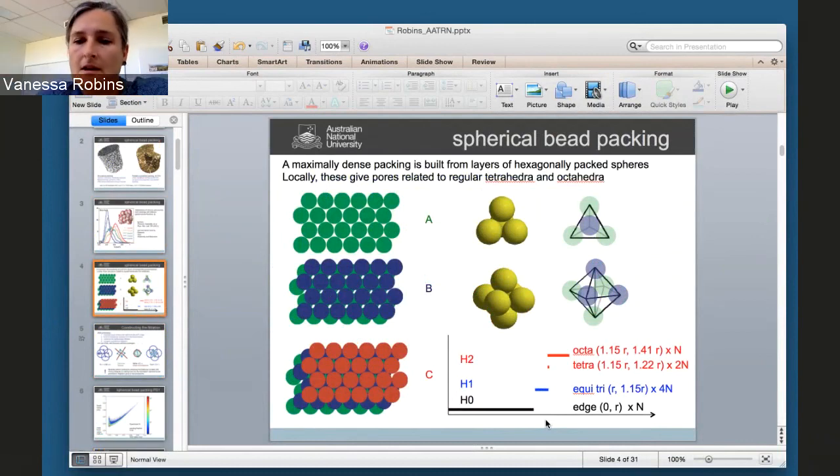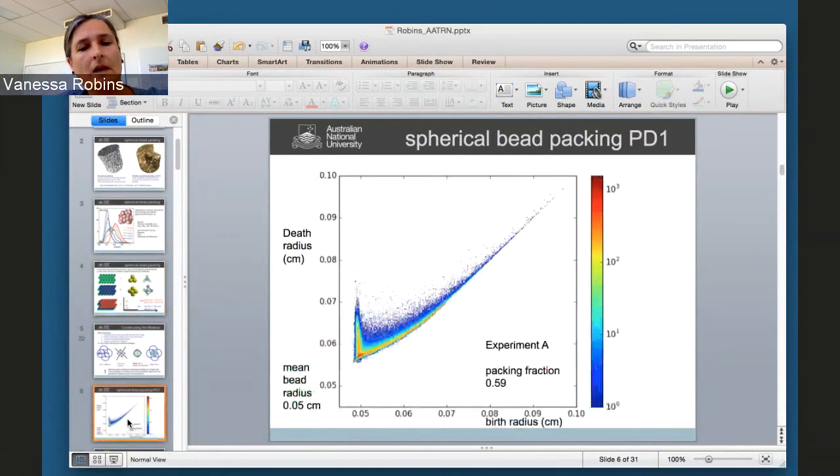That's a good question. I thought it was quite interesting when I drew this barcode figure how tiny the length of that tetrahedral bar really was. In one sense it's a very small feature, but in another sense it's an extremely important feature. If you're going to do Rips, I guess it might accentuate these.